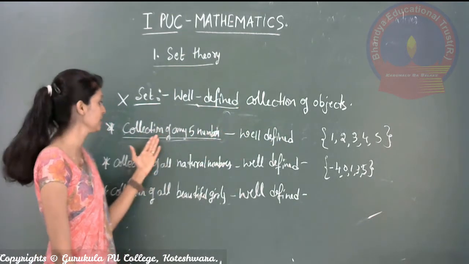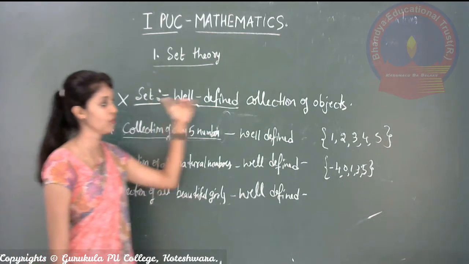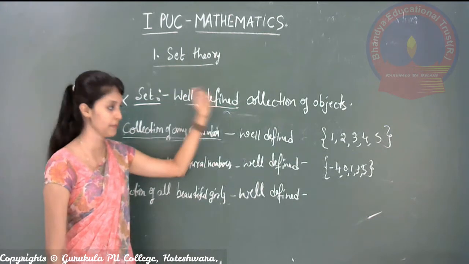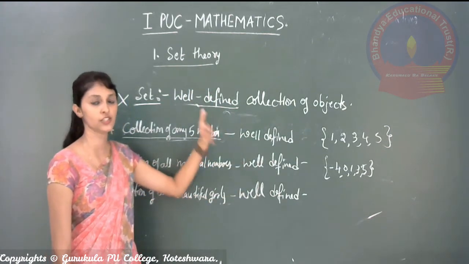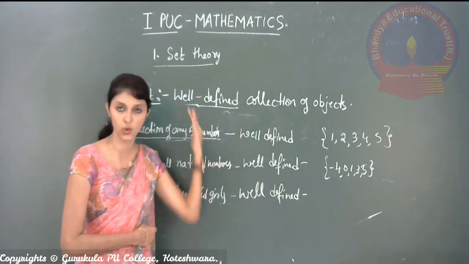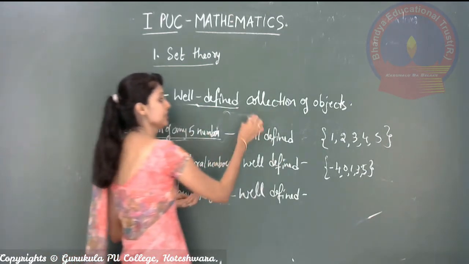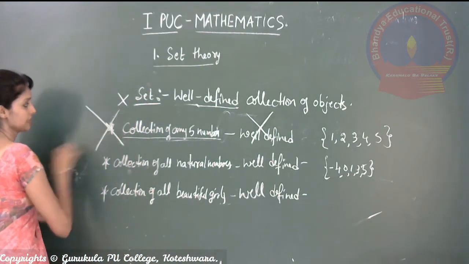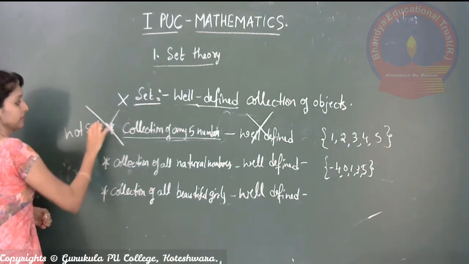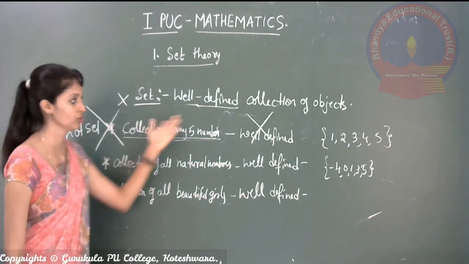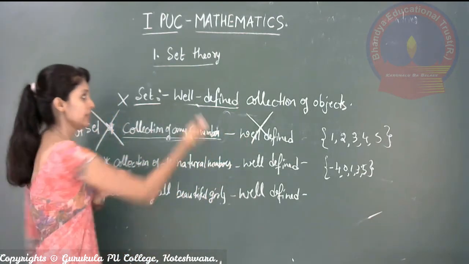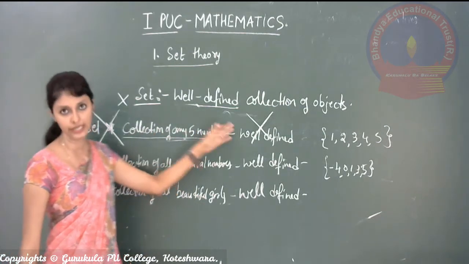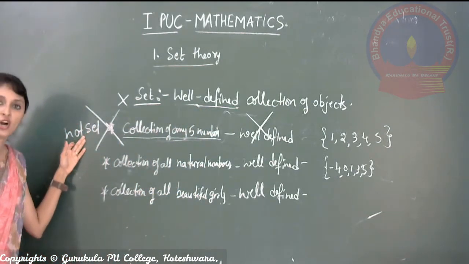For this collection I won't get the equal set of numbers, because as the person varies, his choice of numbers also varies. So I cannot say this is a well defined collection. So this is not a set. Well defined collections of objects are the only sets. Since it is not well defined, this is not a set.